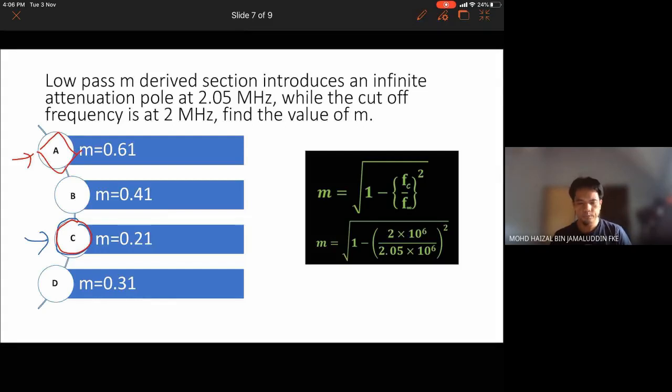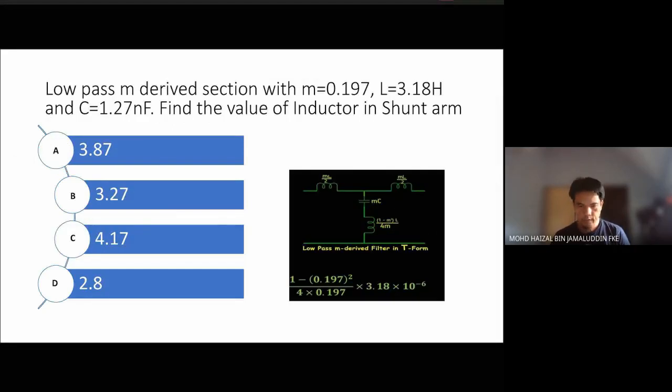Next, a low pass m-Derived section with m equivalent to 0.197, L equivalent to 3.18 Henry, and C equivalent to 127 nanofarad. Find the value of the inductor in the shunt arm.